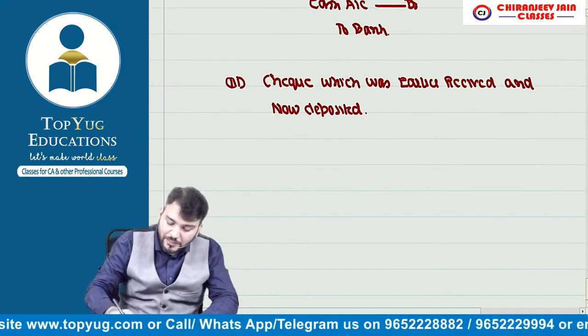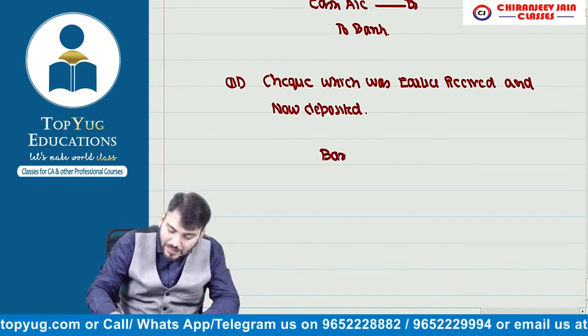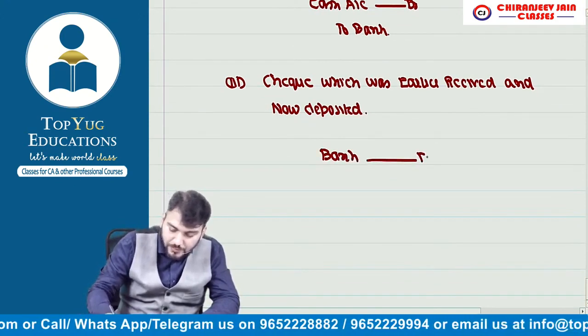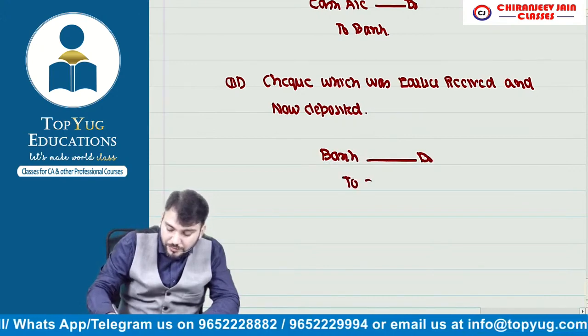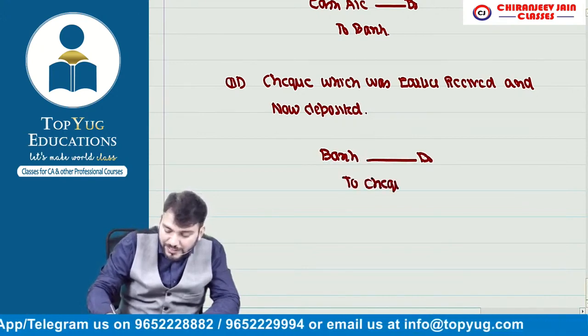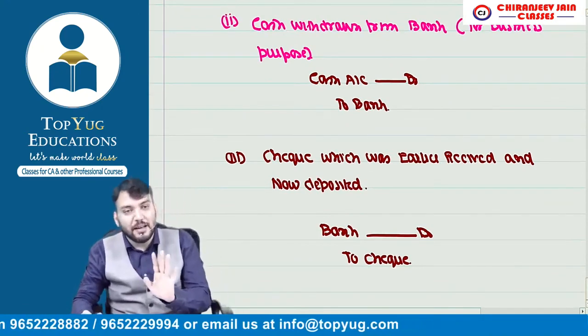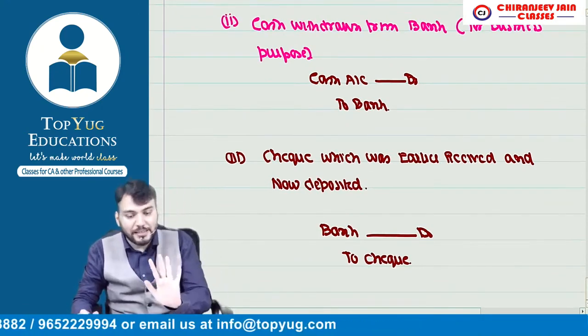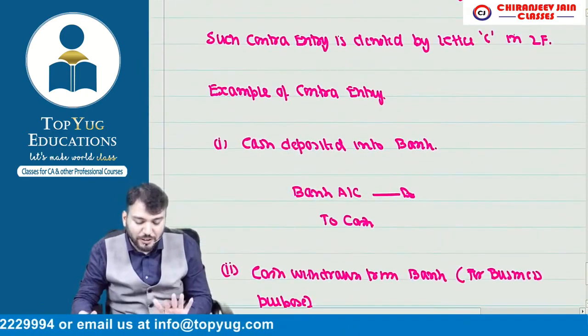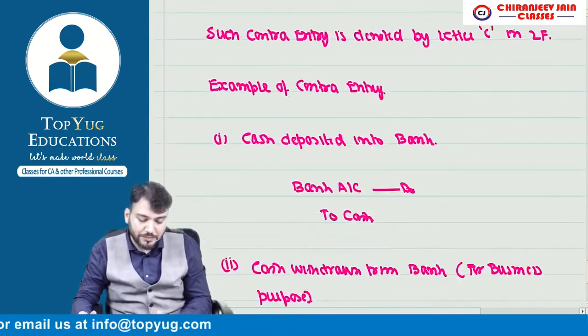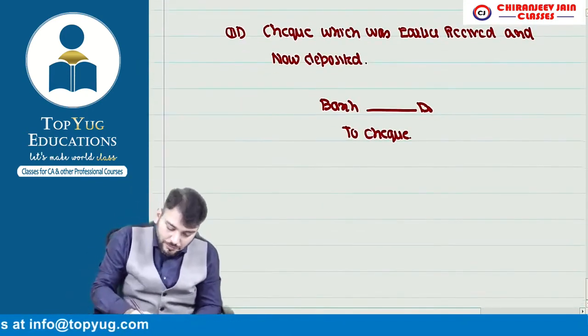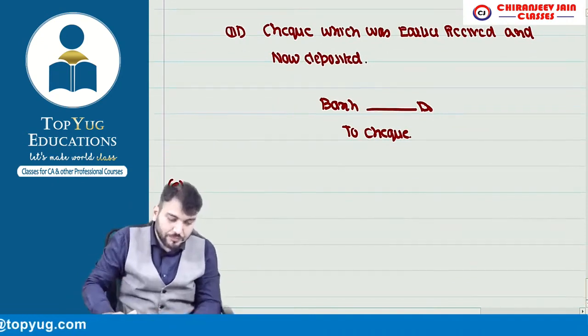So what journal entry? Bank account debit to Cheque, and cheque will be treated like what? Cash. Understood? These are the 3 examples of contra entry. I think you have understood this point.